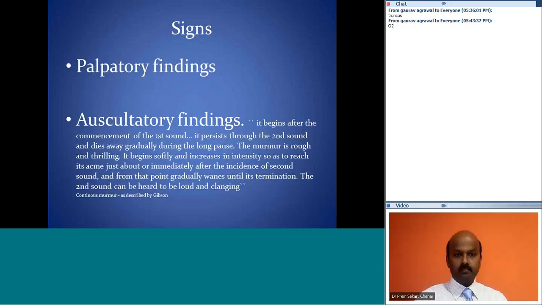The signs in patent ductus arteriosus are again dependent on the size of the shunt.